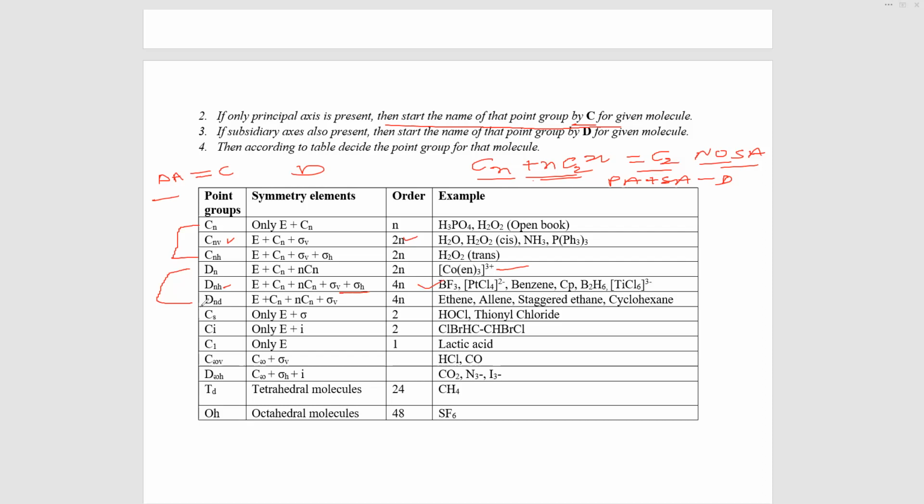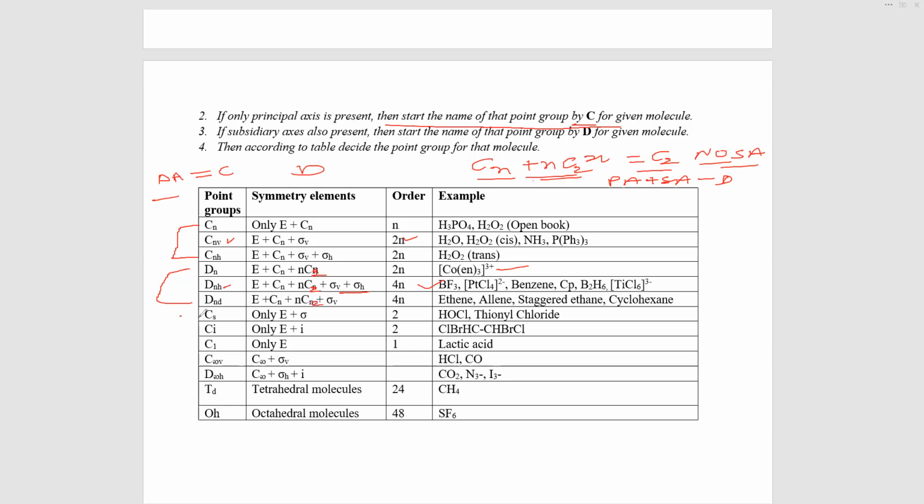These are some examples. Dnd: E plus Cn plus n number of C2 plus sigma d. Just to make it correct, these are C2, C2, C2.